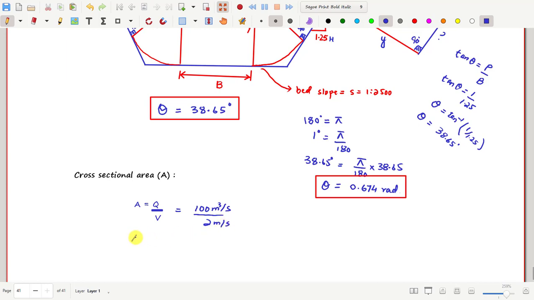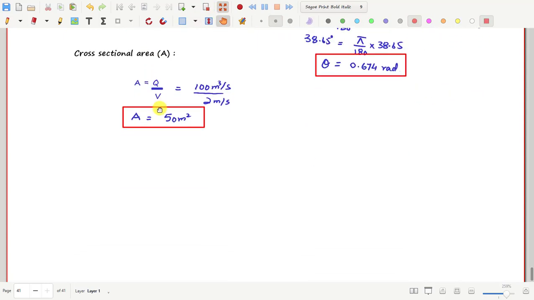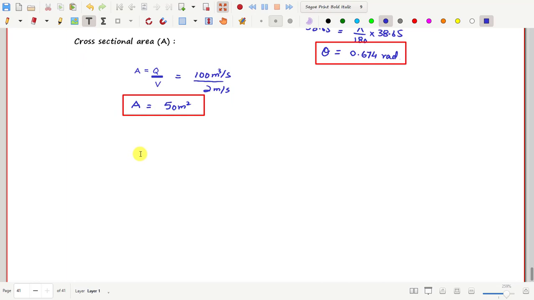So the cross-sectional area is going to be 50 meter square, right? This is our cross-sectional area. We got our value of cross-sectional area. Let's move to the next step. In the next step, we need to find the hydraulic radius, right?